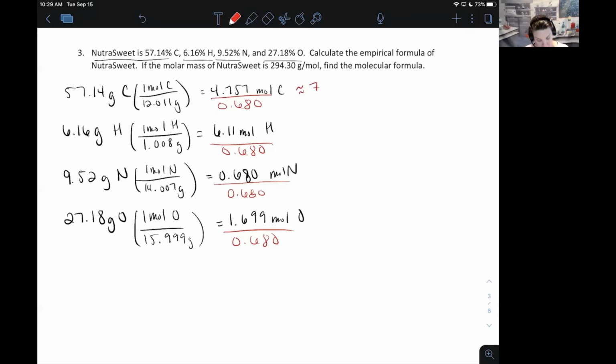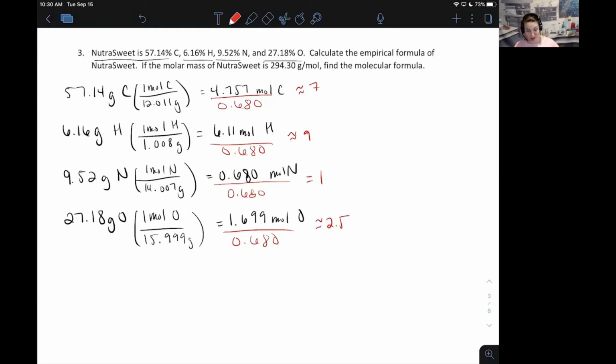And when we take 6.11 divided by 0.680, we get approximately 9. When we take 0.680 divided by 0.680, we get 1. And then when we take 1.699 divided by 0.680, we get approximately 2.5.